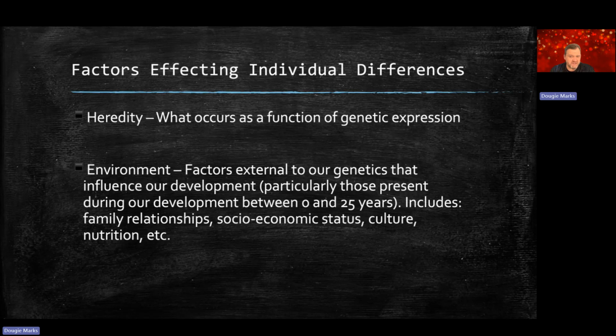One is hereditary. Hereditary is what occurs as a result of genetic function. We're not totally clear on how psychological variables map on to particular genetic expressions, but there definitely does seem to be some genetic component to individual psychological differences.